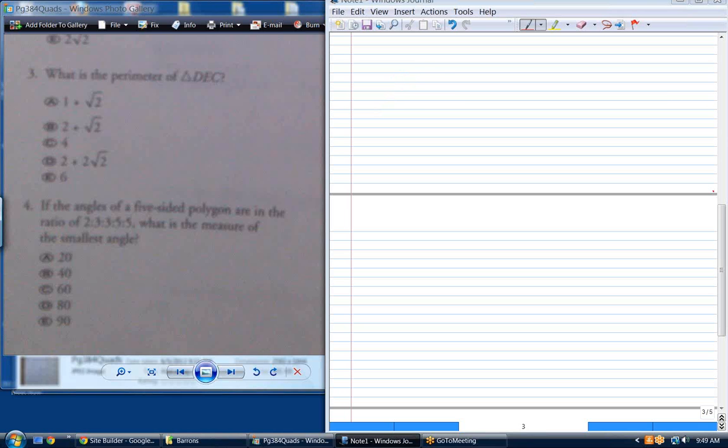What is that? That would be 5 minus 2 times 180. So it would be 3 times 180. 540. Okay. Now what? 540 divided by 18?